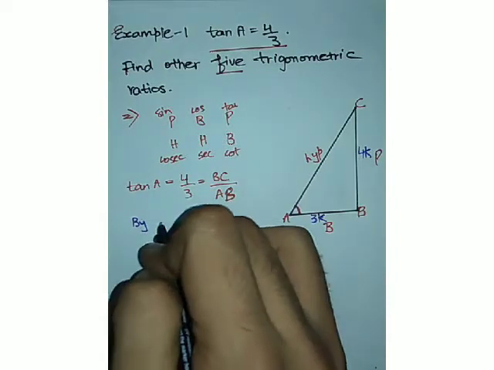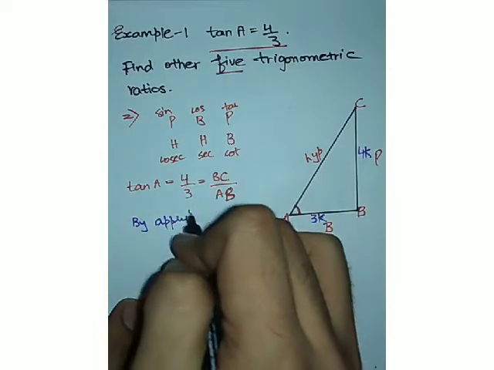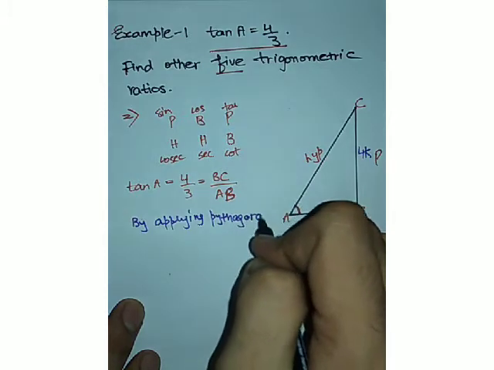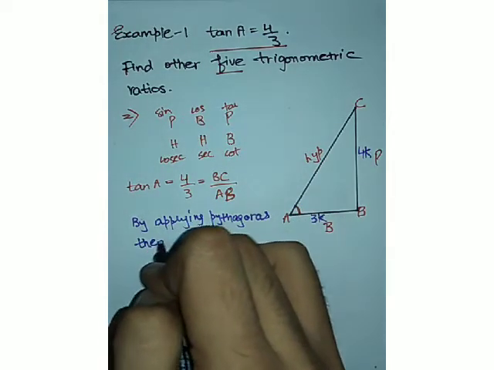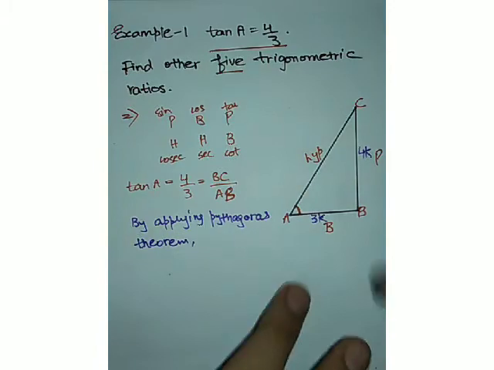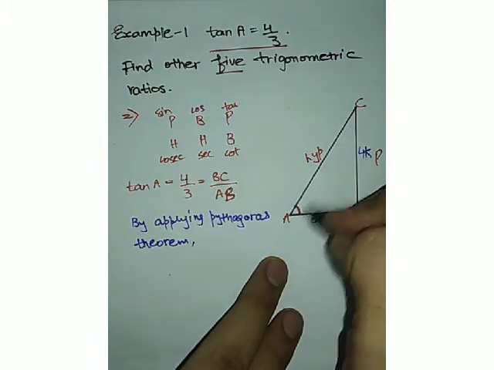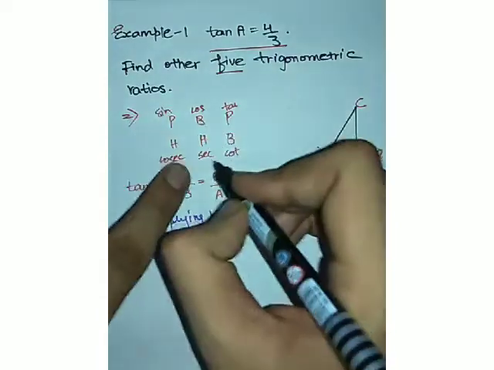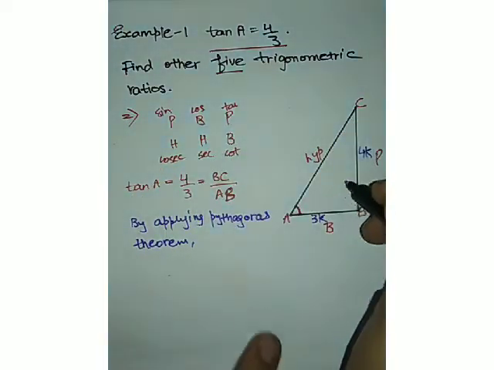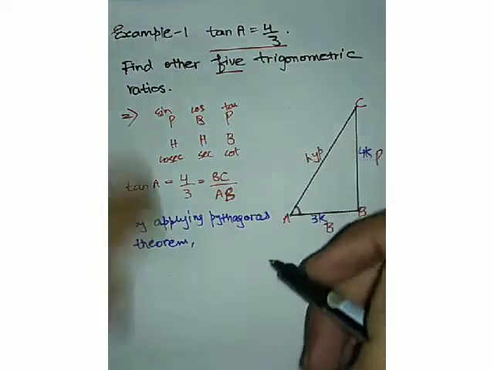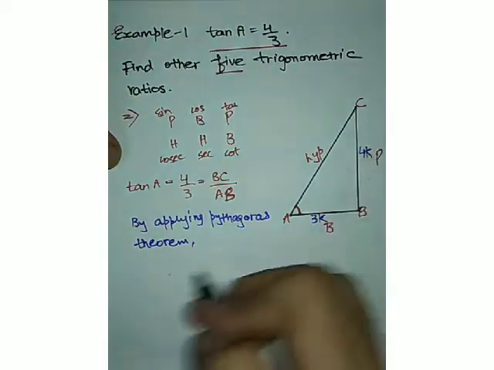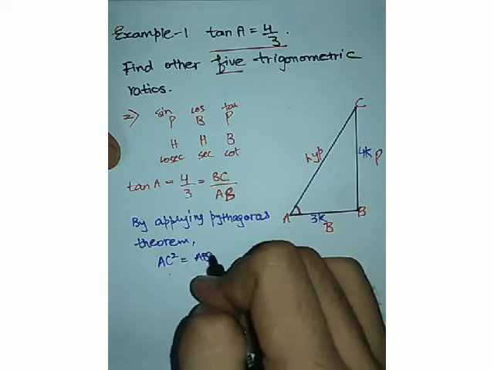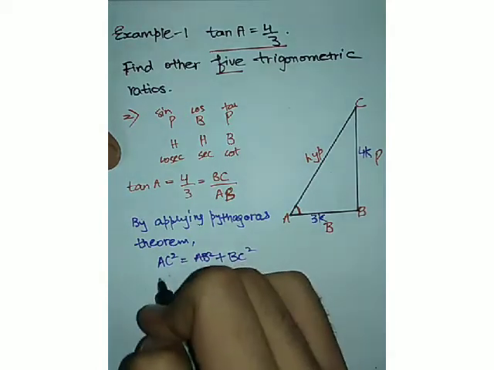Now by applying Pythagoras theorem, it's very vivid why you want to find AC, because hypotenuse is used in sine, cosecant, cos and secant. Without finding hypotenuse we cannot find all other trigonometric ratios. So apply Pythagoras theorem. What is it? That is AC square is equal to AB square plus BC square.